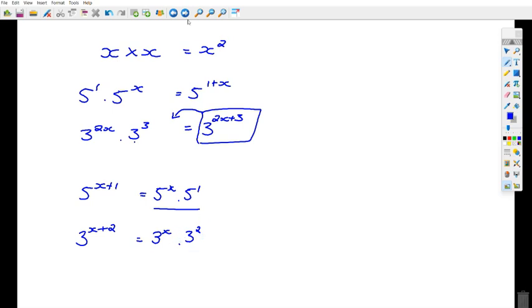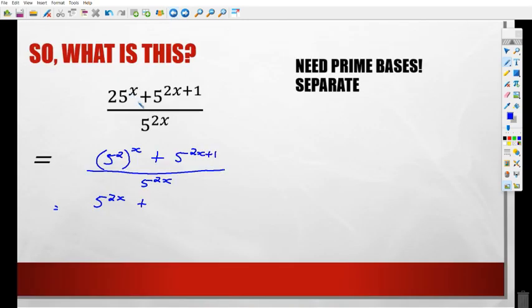When I have a plus or minus, an addition or subtraction, and it's not in my exponent, can you see that this plus is not in my exponent? It's just a normal addition. When I've got a plus or a minus, I want to separate all the prime bases that have exponents with more than one term, so two terms or more.